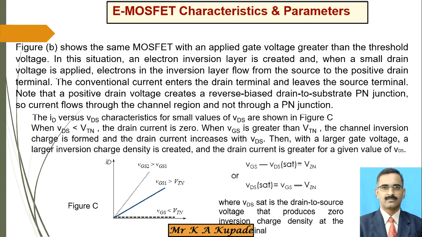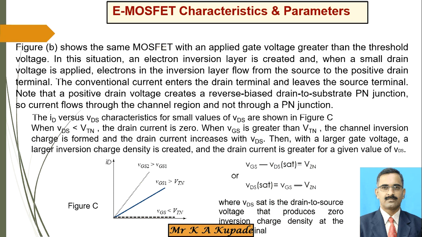Whenever VGS reaches or goes greater than VTN, the current from drain to source flows through that region.